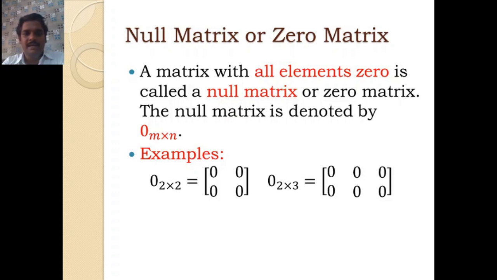So here I have two examples of two null matrices. The first one is null matrix of order 2 by 2 and second is null matrix of order 2 by 3. Null matrix is what? A matrix which is having all entries 0. Let's move to the next.